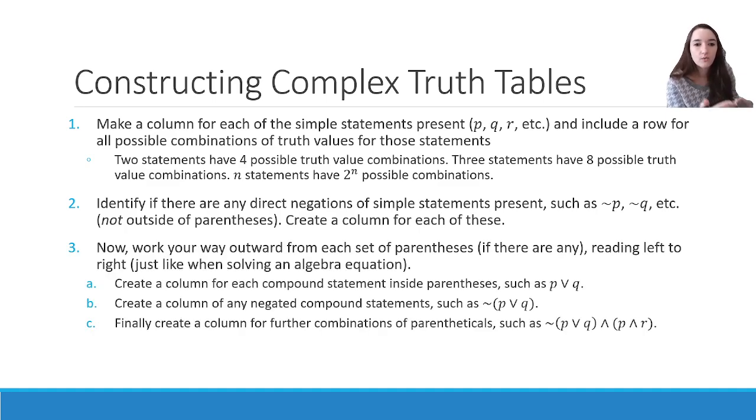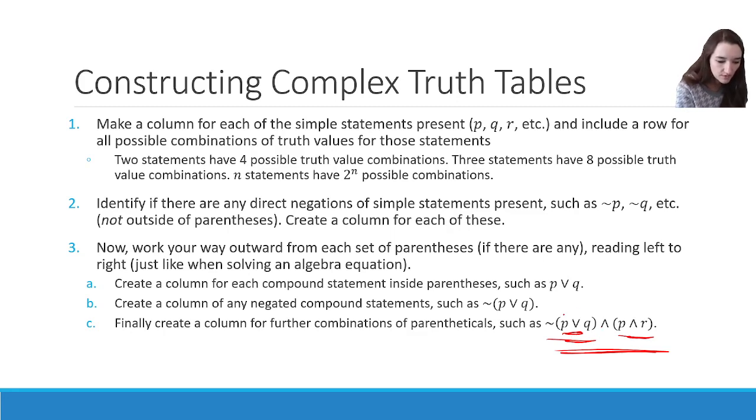Then we work our way outward from each set of parentheses, if there are any, reading left to right, just like when solving an algebra equation. So we create a column for each compound statement inside parentheses, such as P or Q. We create a column for any negated compound statement, such as negation of P or Q. And then we create a column for further combinations of parentheticals, such as negation of P or Q, and P and Q, R. So we would have had a column for this, a column for this, a column for this, and then finally a column for the whole thing, right?